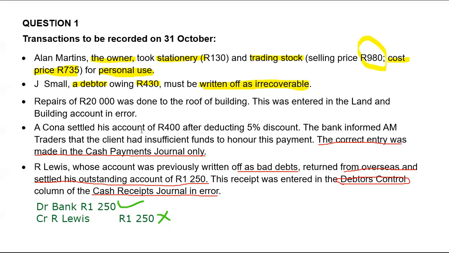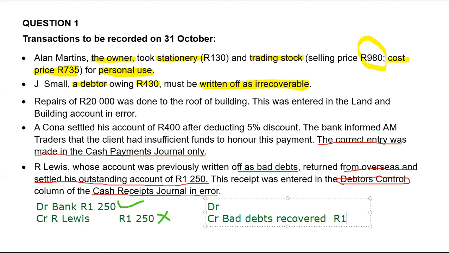What were you supposed to have done? You were supposed to debit bank, which is correct. Okay? Bank is correct. But you made a mistake by crediting R. Lewis. So to correct that, you were supposed to debit bank and credit, when a debtor that was previously written off comes back, we credit that to a new account, which we call bad debts recovered.